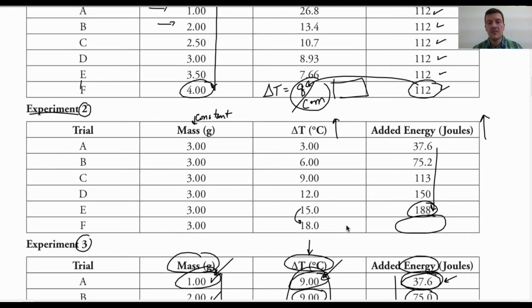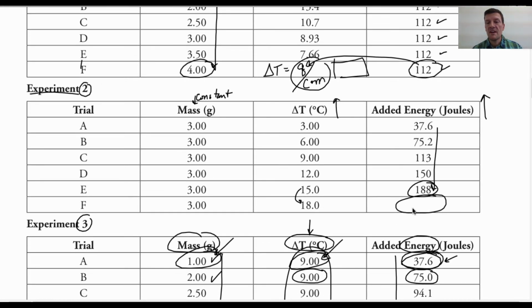box. Down here, we're finding energy, so this is just going to be our Q. You're going to have C, which is 4.18, times the mass, which is 3, times the delta T, which is 18. That calculation right there is going to give you that missing value.